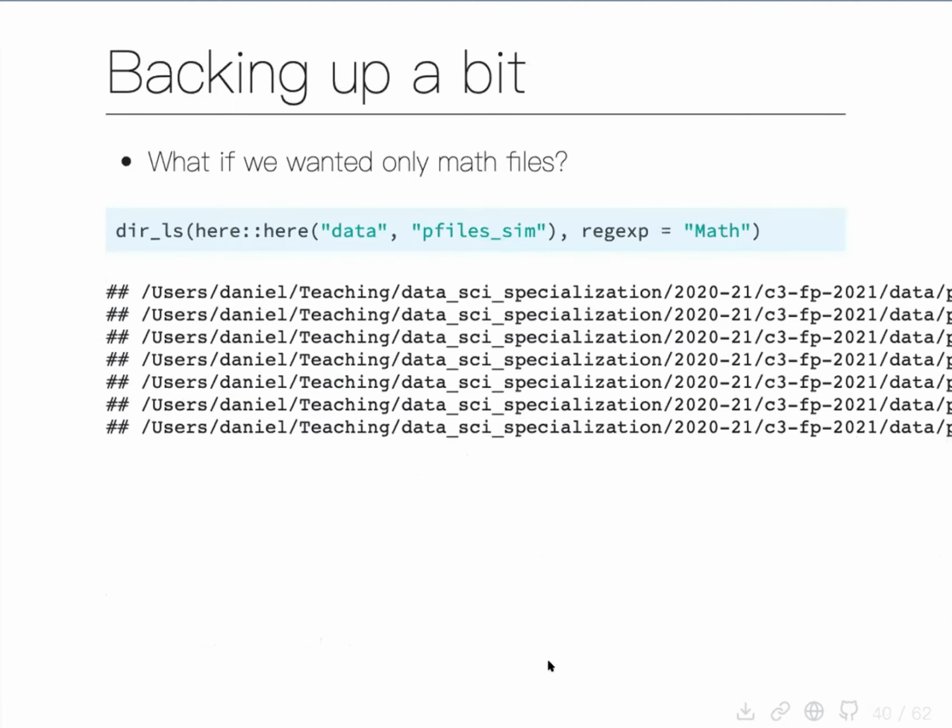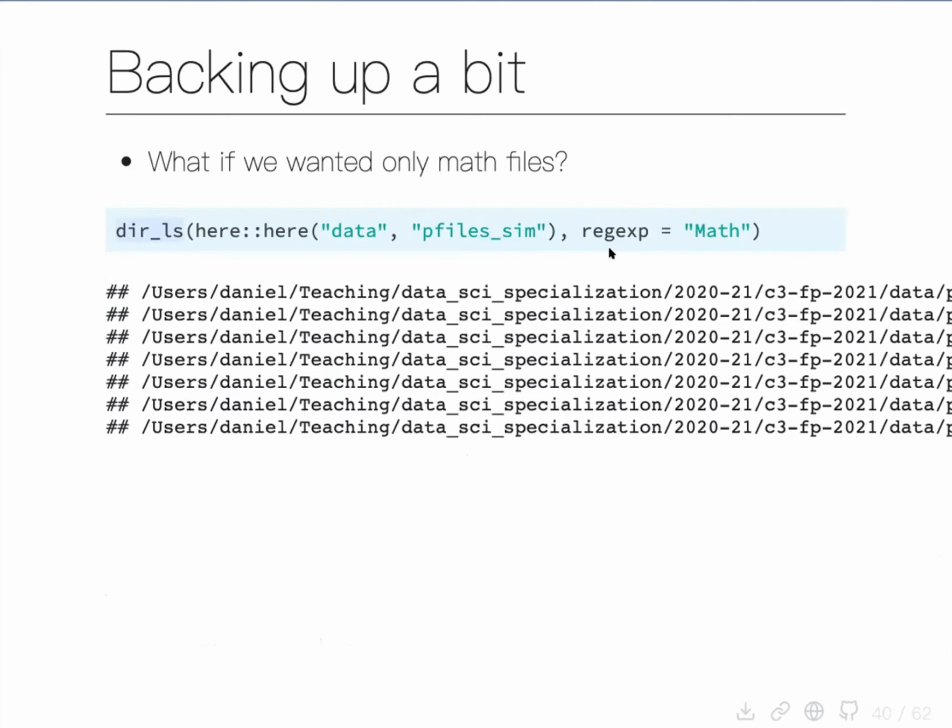Okay. All right, backing up a little bit. Let's say we wanted only math files. Well, dir_ls includes an additional argument called regexp. Based on what I've said before, you can probably guess what that stands for. Regular expression, right?